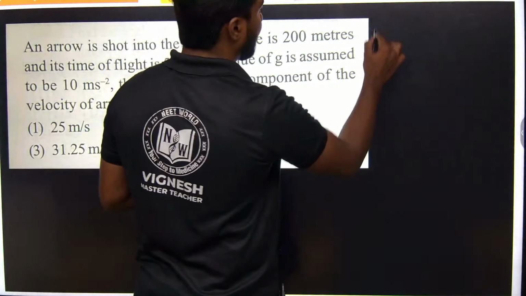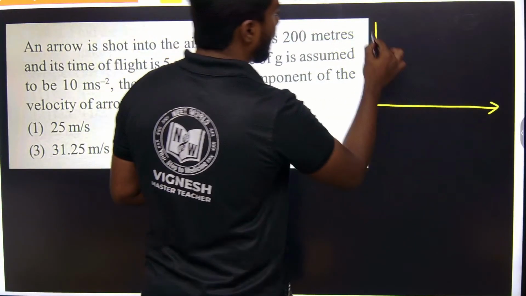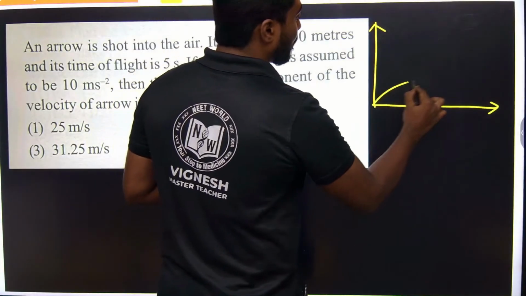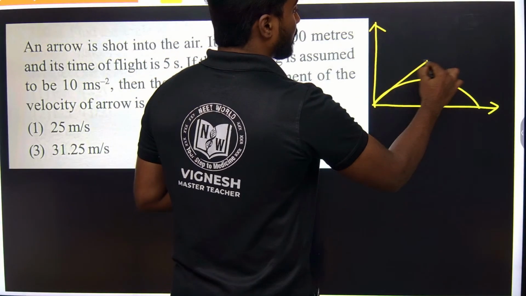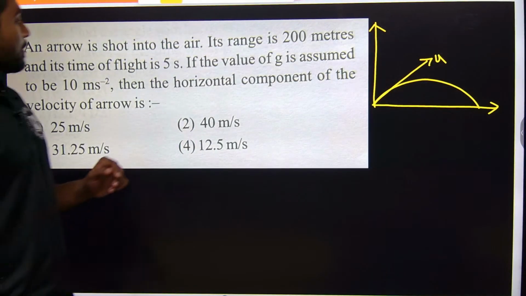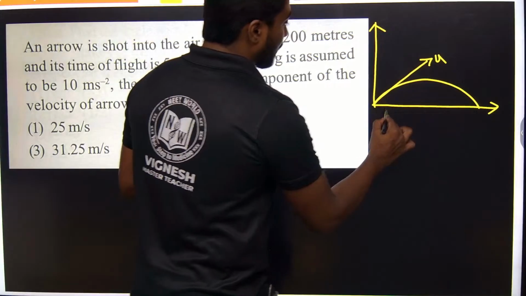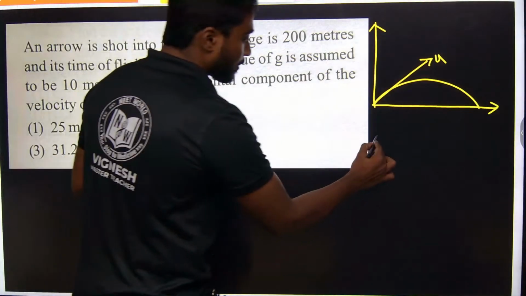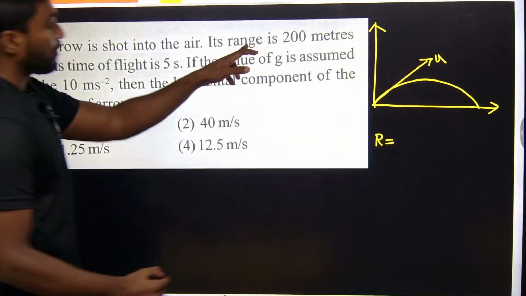First I will take the diagram. This will be my diagram, right? So a projectile has been taken place, it is u. Okay, now what they have given, they have given that range is equals to 200 meter.